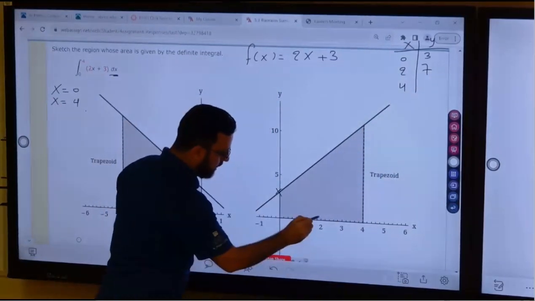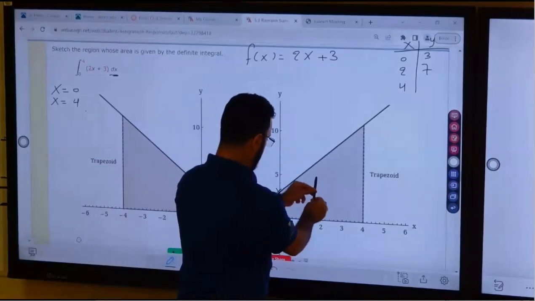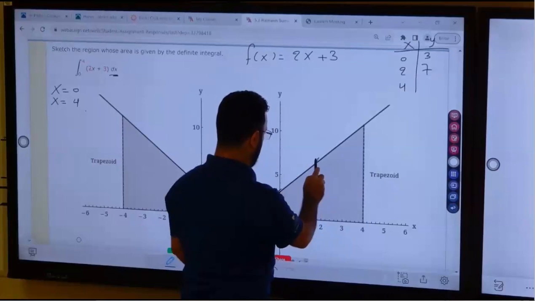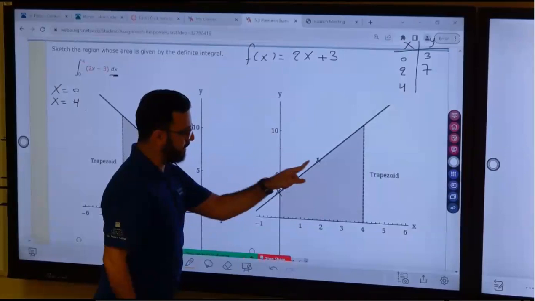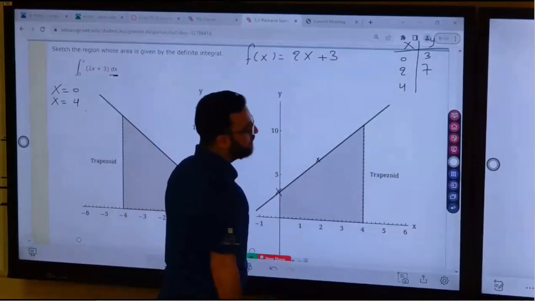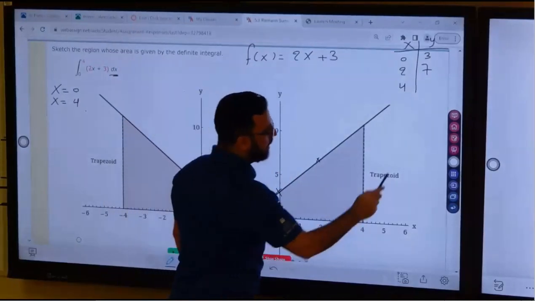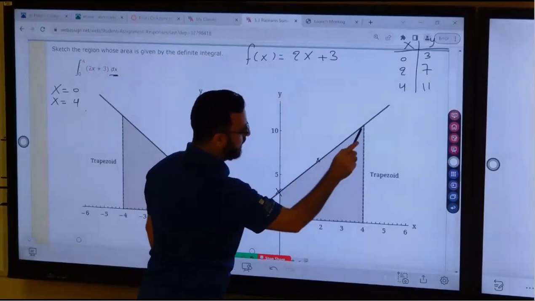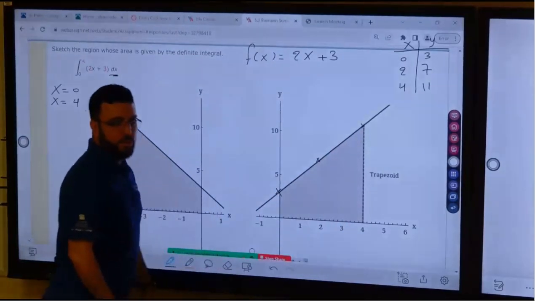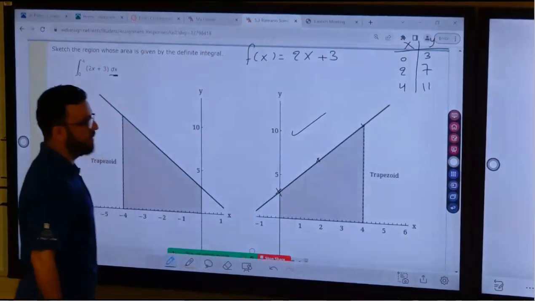Let's look. So is this the right one? 5, 6, 7. Plug in 4. 2 times 4 is 8, plus 3, 11. So when 4, here's the 10, this one 11. Does that mean this is the right graph? This is the right one. You're gonna choose this one.